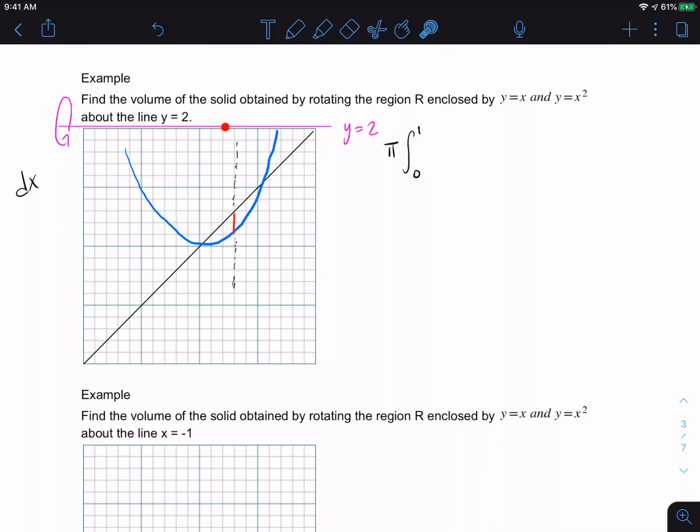So from here to here is further away. But to write that radius, it's going to be 2 minus x squared, squared, minus 2 minus x, squared, dx. Does that make sense to everybody?